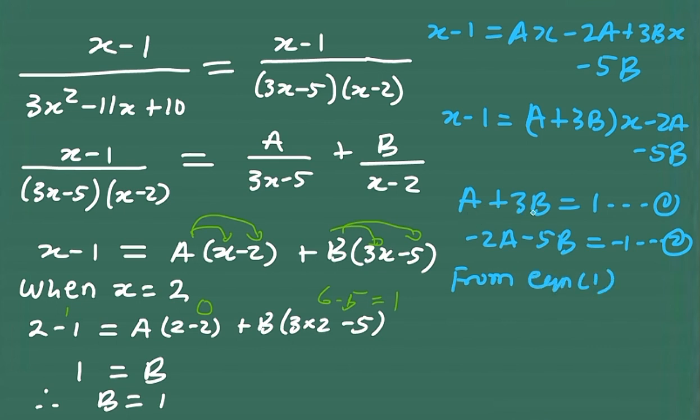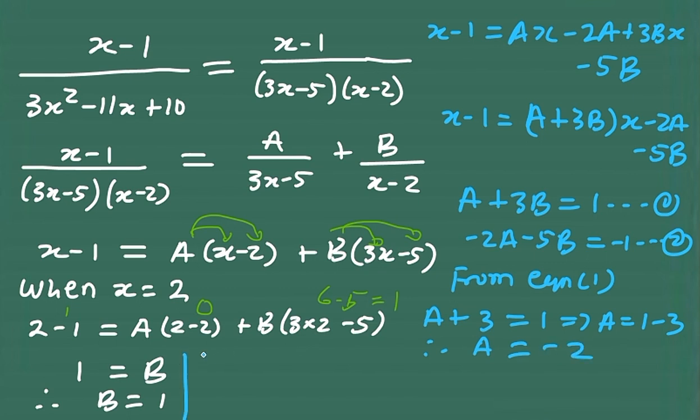But from equation 1, where we have a plus 3b equals 1, remember we have found the value of b, which is 1. So we have a plus 3 equals 1, which means a equals 1 minus 3. Then we can say that a is equal to minus 2.